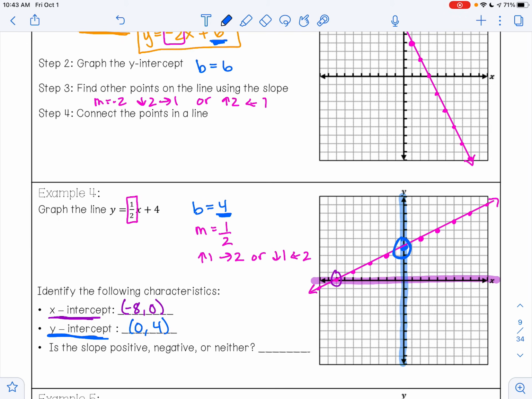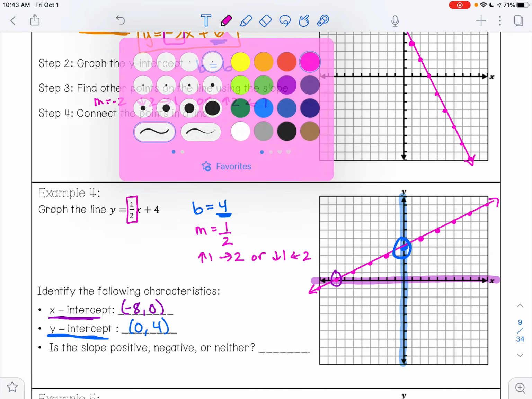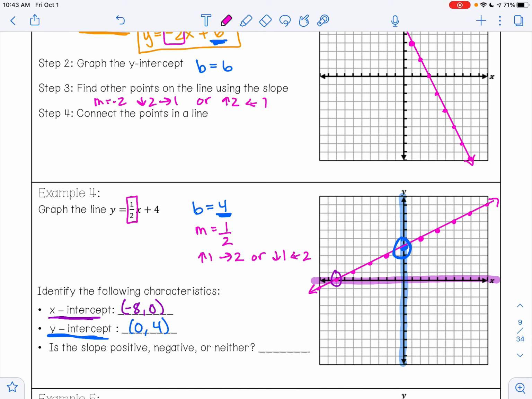And then we want to know, is our slope positive, negative, or neither? So our line is going up from left to right. That makes us positive. If you weren't sure, look at your slope. Here, my slope is a positive number, so this should be going up from left to right, and it is. So this has a positive slope.